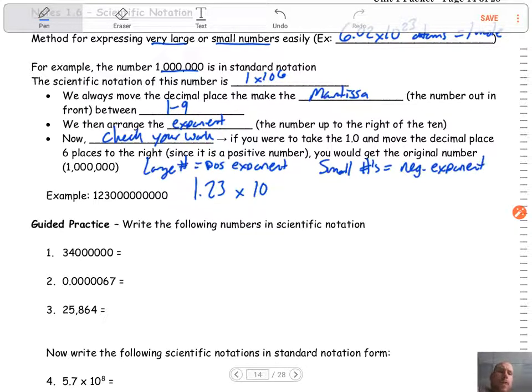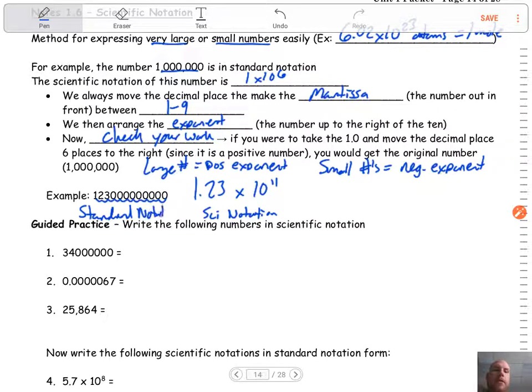So you're just going to count out how many spaces we had to move the decimal. 1, 2, 3, 4, 5. I'll do it so you guys can see it. 1, 2, 3, 4, 5, 6, 7, 8, 9, 10, 11. So this would be 1.23 times 10 to the 11, and that is our scientific notation. Where this long number, the longhand way, is what we call standard notation.